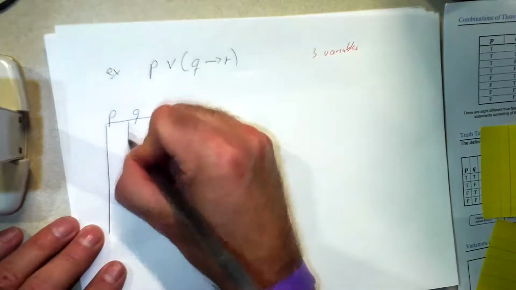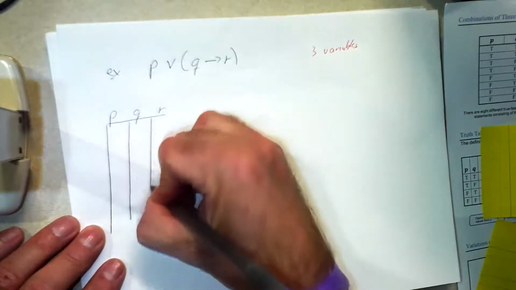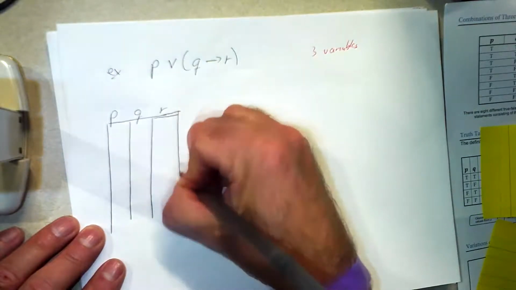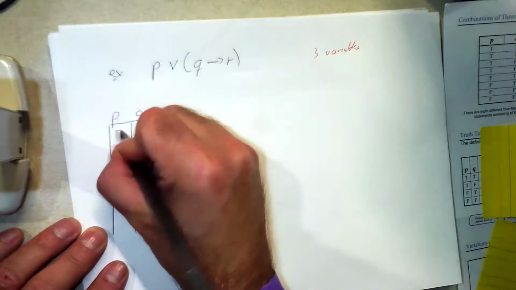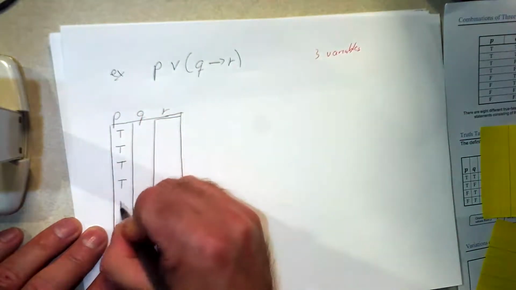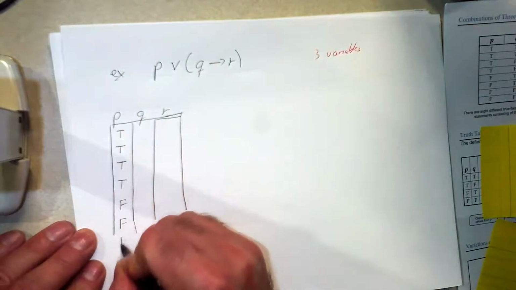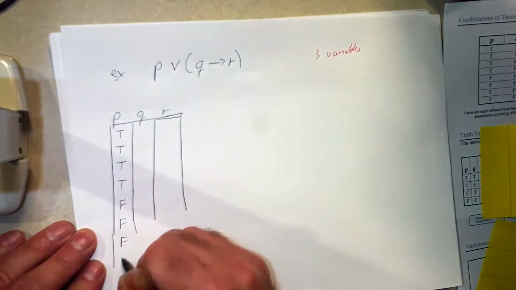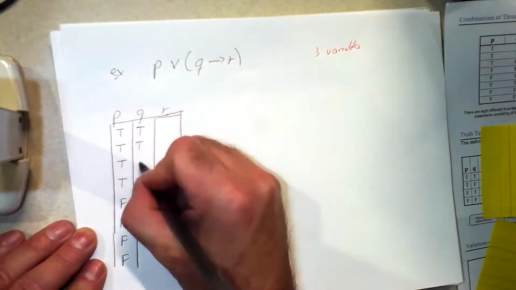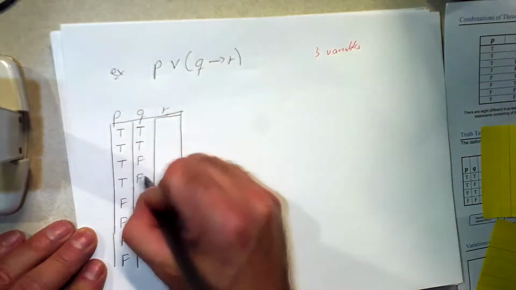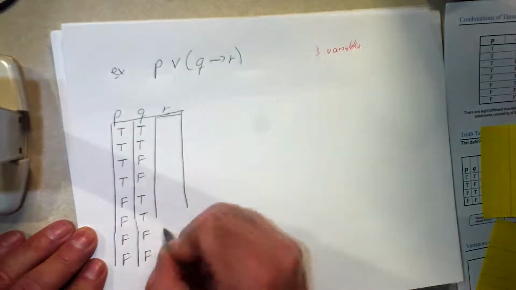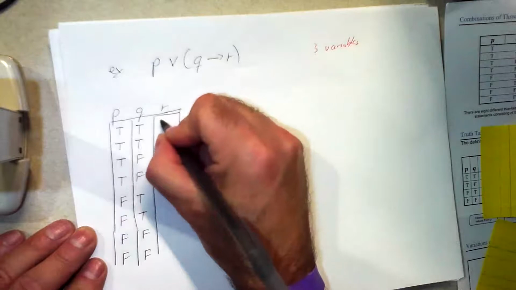How did it go? Four T's, 4 F's, then 2 T's, 2 F's, 2 T's, 2 F's, and then it alternates.